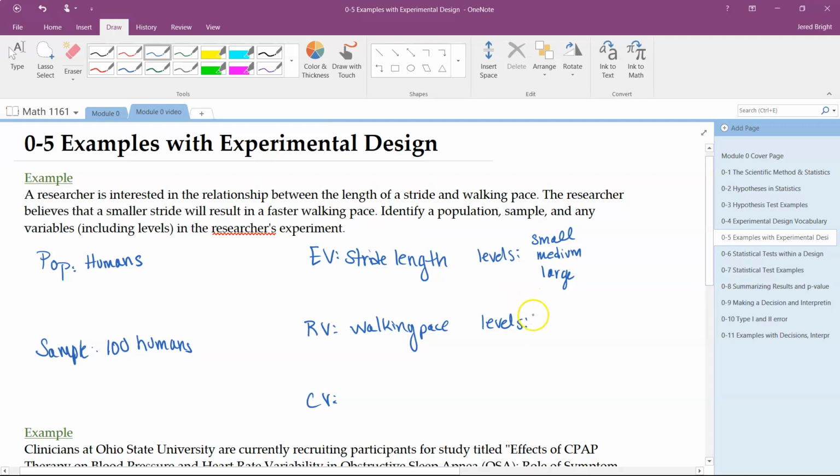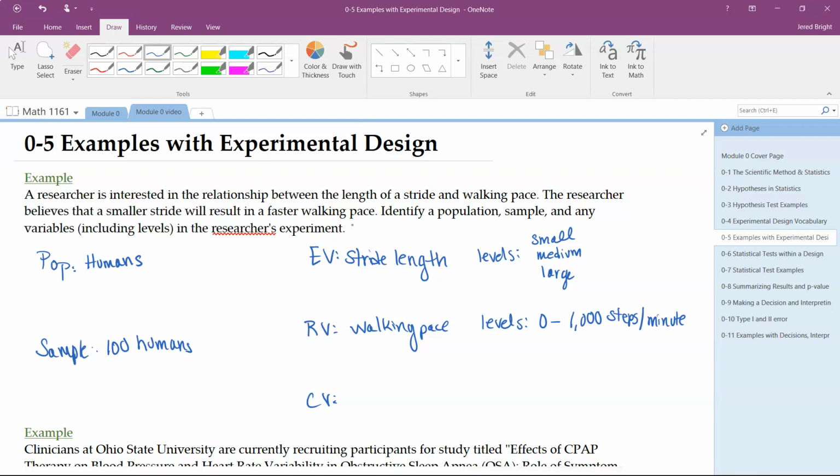So presumably this is some measure from 0 to, I'm just going to say a very large number, like 1,000 steps per minute. If you did 1,000 steps a minute, you're really trucking. But that would be maybe our walking pace, steps per unit of time.